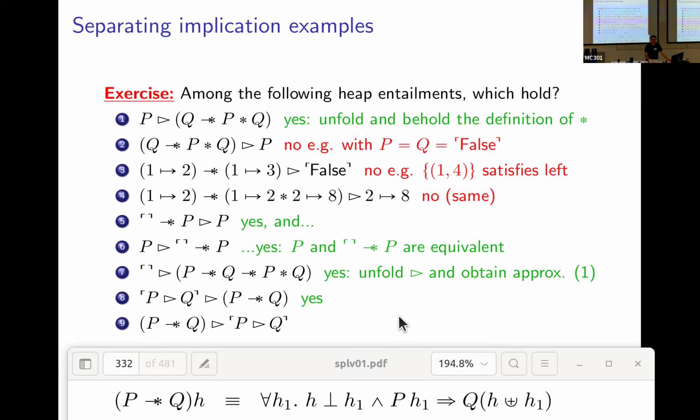Who agrees with this? Yeah. Who disagrees? Indeed, no. This doesn't mean that you have nothing. You could have a heap there. The main difference between entailment and separating implication is that separating implication does have some resource inside it. All right. So I guess I can close this.